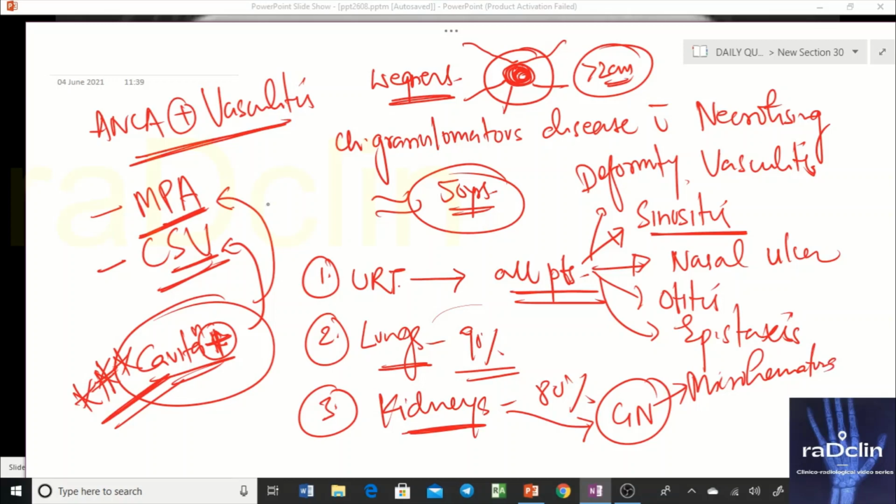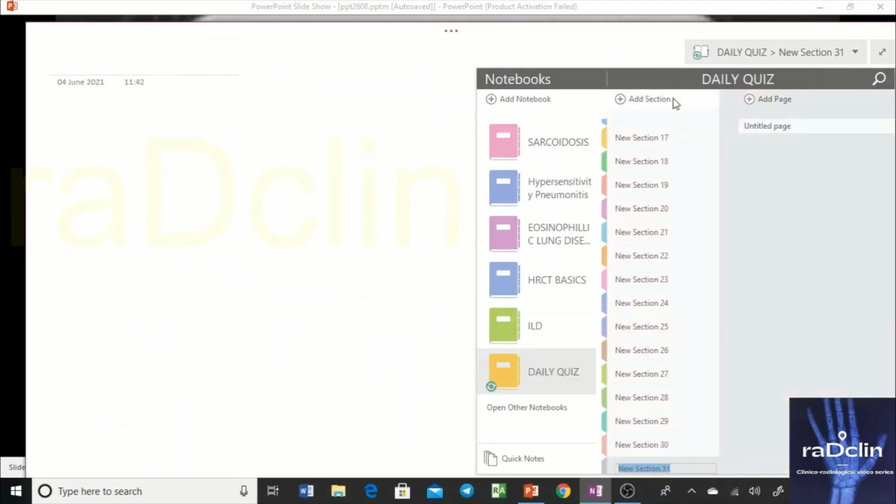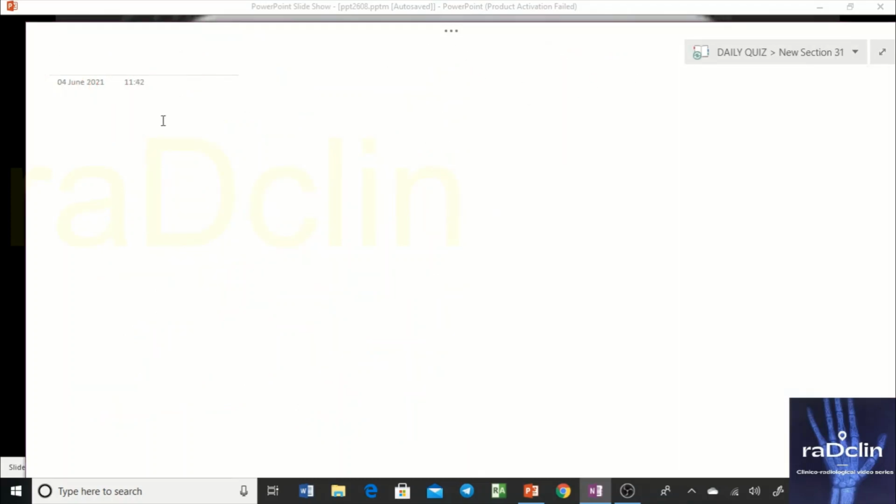And the fourth important thing to remember is a biopsy diagnosis of Wegener's. If at least 2 of these 4 features are positive, then the diagnosis of Wegener's granulomatosis is likely. So this was a criteria to diagnose Wegener's.